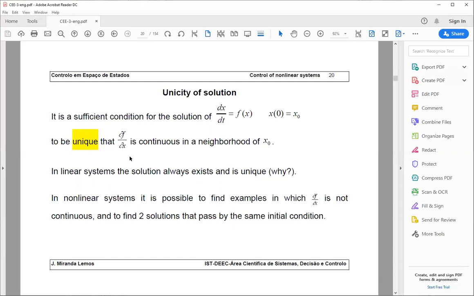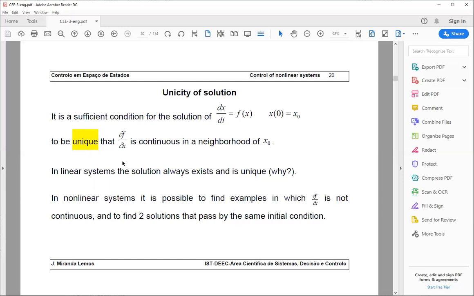These conditions are, for instance, that the partial derivative of f with respect to x, that is to say, the Jacobian matrix of f, is continuous in the neighborhood of x0, so for a set of states around the initial condition. In linear systems, the solution always exists. Why?